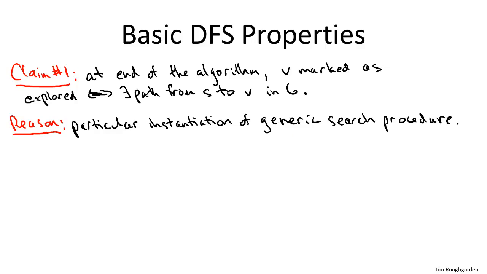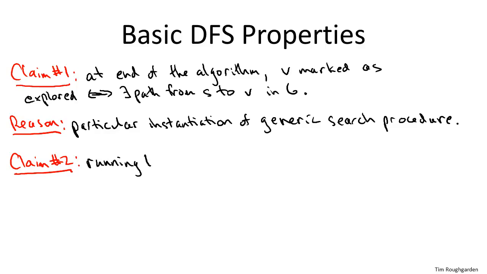And just like breadth-first search, the running time is proportional to the size of the component that you're discovering. The basic reason is that each node is looked at only once. This Boolean makes sure that we don't ever explore a node more than once. And for each edge, we look at it at most twice, once from each endpoint.